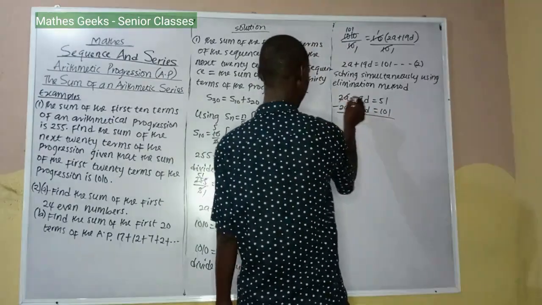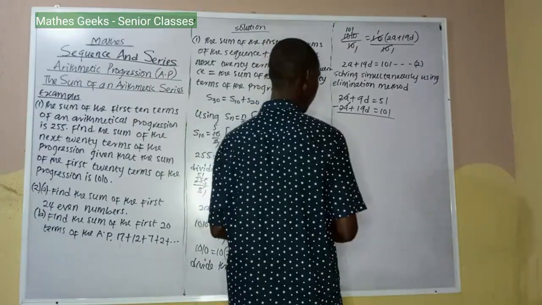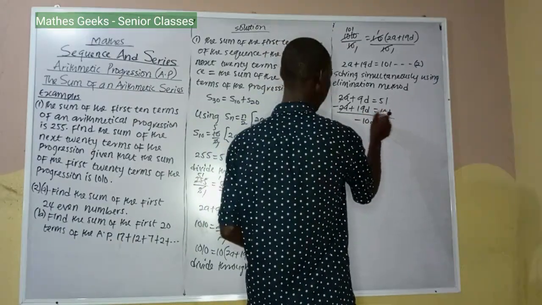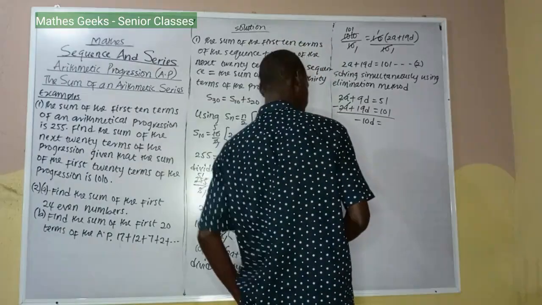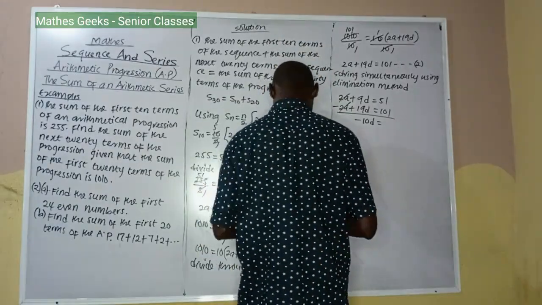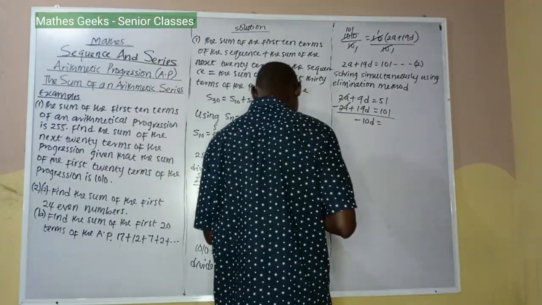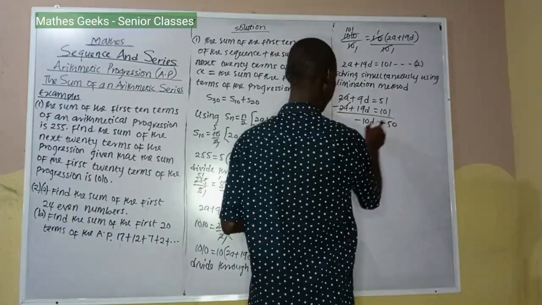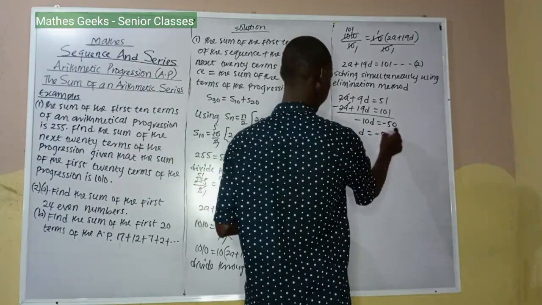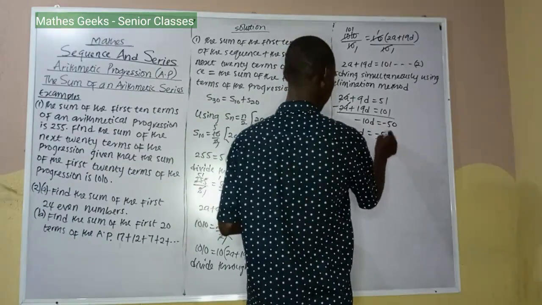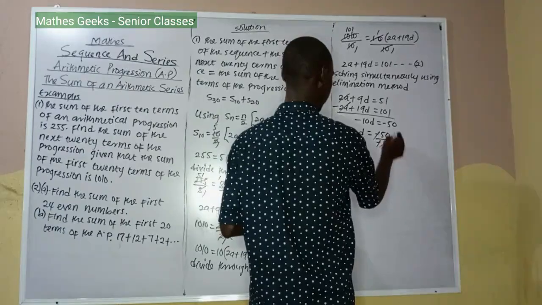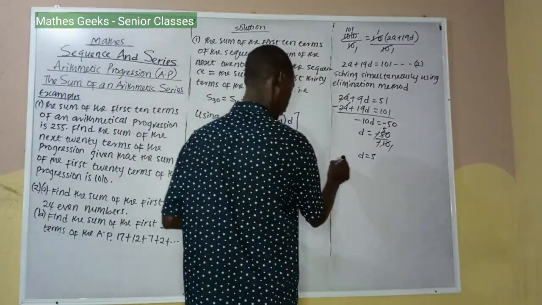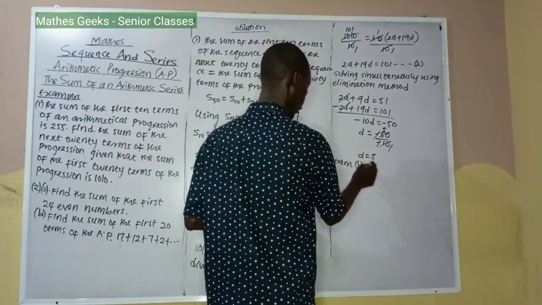So 2a minus 2a will give us 0. 9d minus 19d will give us minus 10d. 51 minus 101 is minus 50. So d is equal to minus 50 over minus 10. The minus signs cancel out, and 50 over 10 is 5. So d is equal to 5.